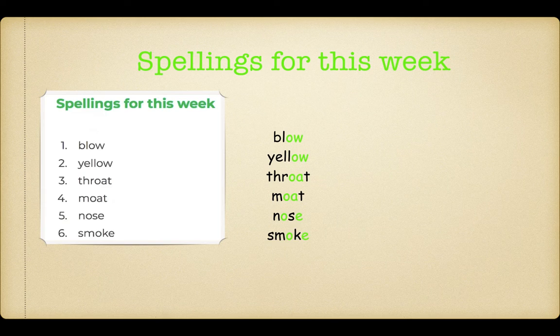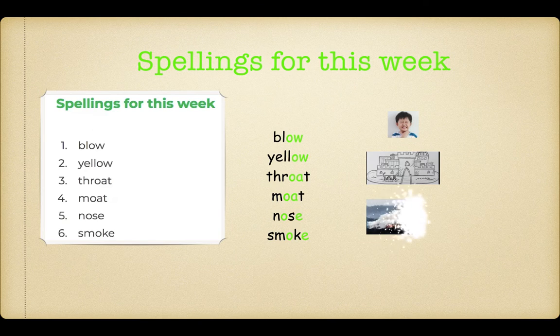So remember, you need to try and practice these for tomorrow. We will have a quiz at the beginning of the lesson. So sometimes it helps if you can remember the image that goes with the word, like throat, moat, and smoke.